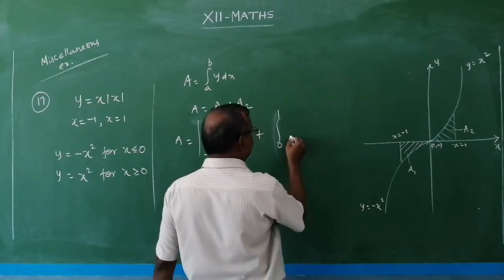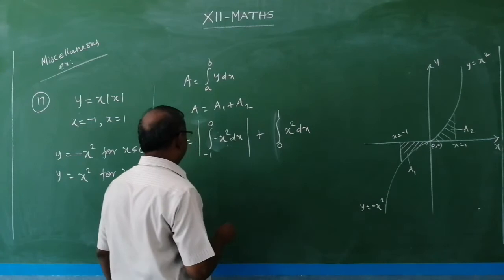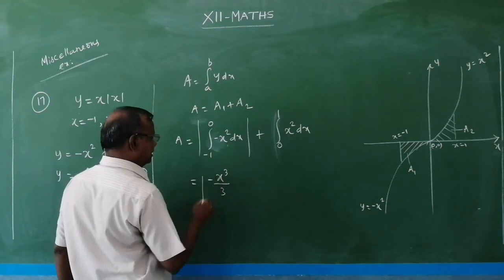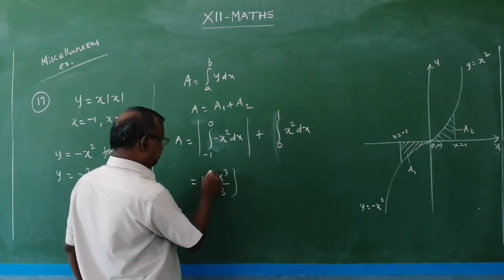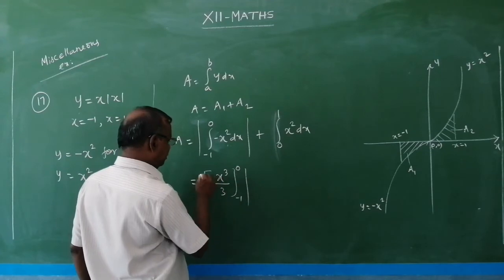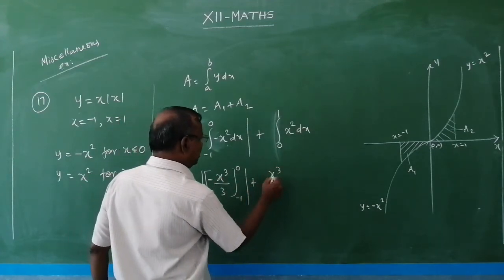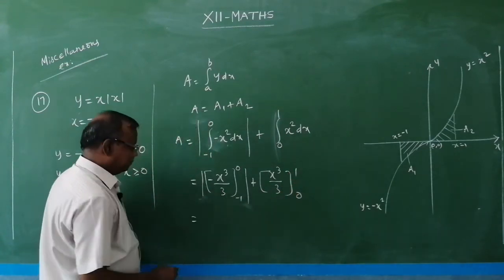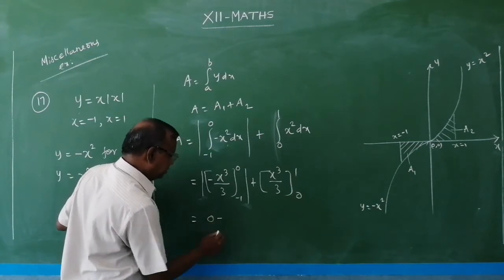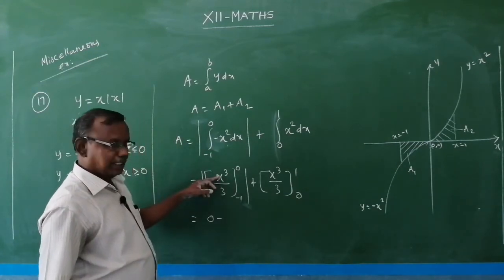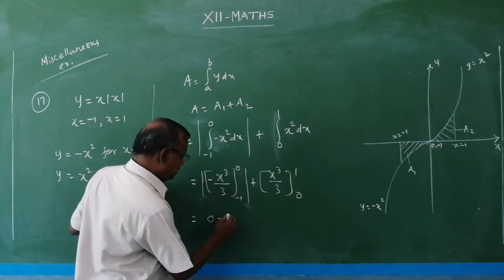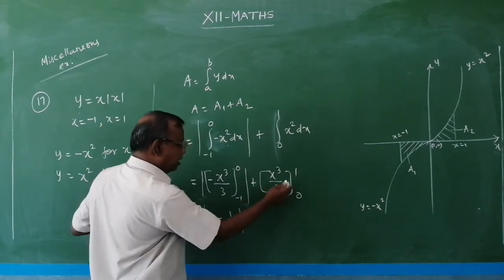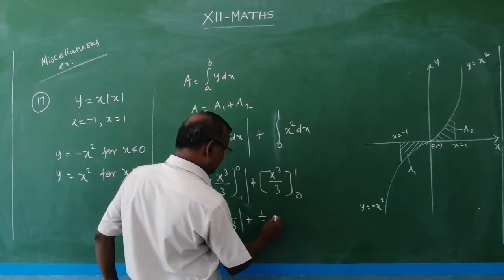So y dx means x square into dx. Integrating this, modulus of minus x cube by 3 between minus 1 to 0, and plus x cube by 3 from 0 to 1. The first part is 0 minus of minus 1 cube, so minus into minus gives plus 1 by 3 in modulus, plus the upper limit is 1 by 3, and the lower limit is 0.